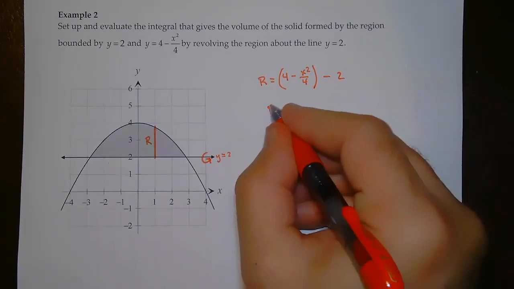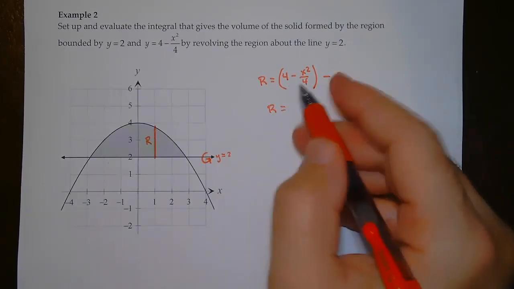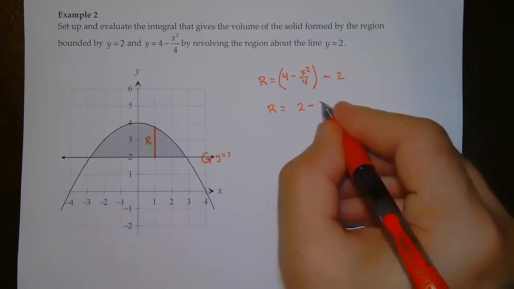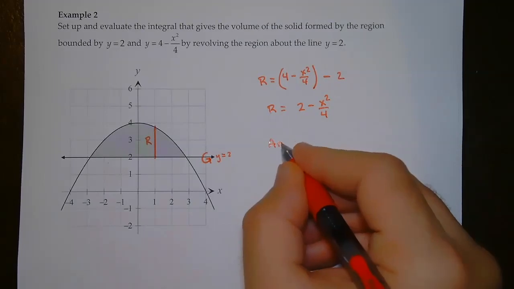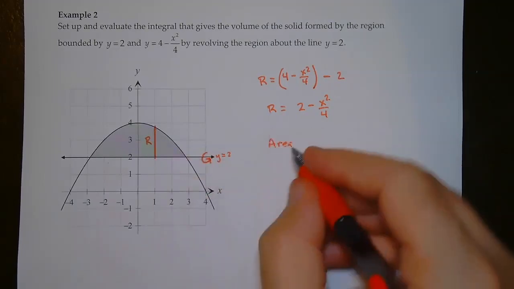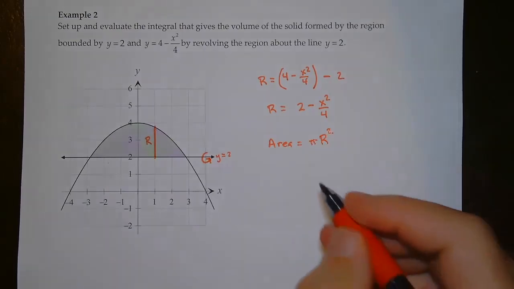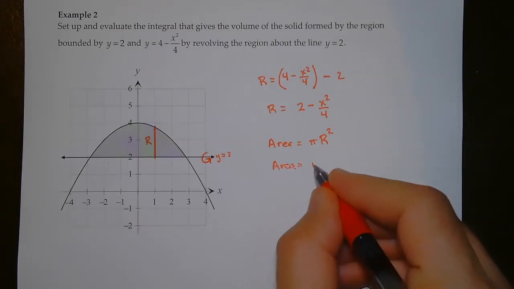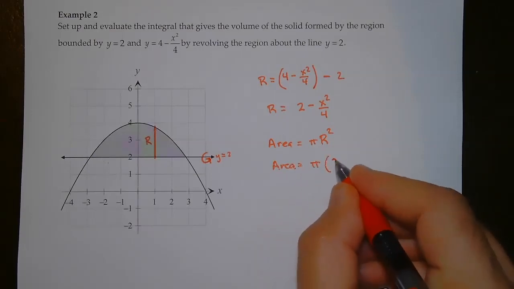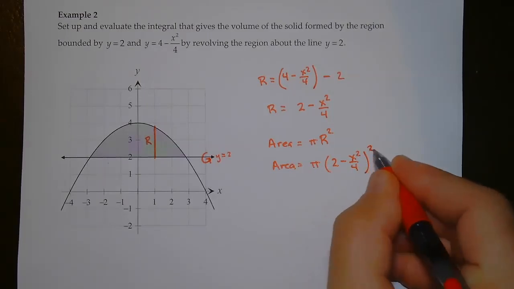So my R would be 4 minus x squared over 4 minus 2, so that'd be 2 minus x squared over 4. My area of one of these discs is always going to be pi times my radius squared, so in this case my area is pi times 2 minus x squared over 4, squared.